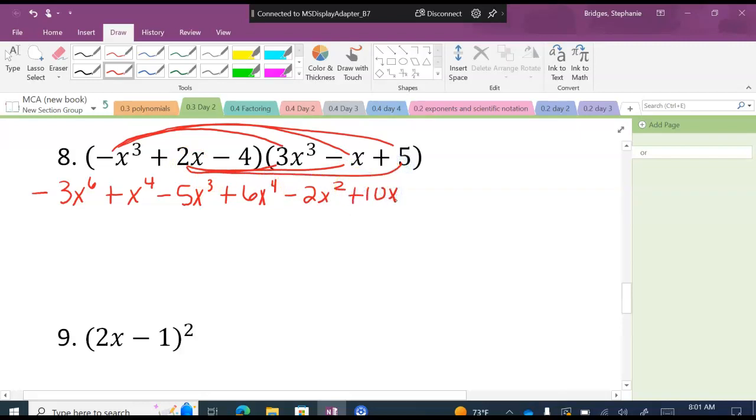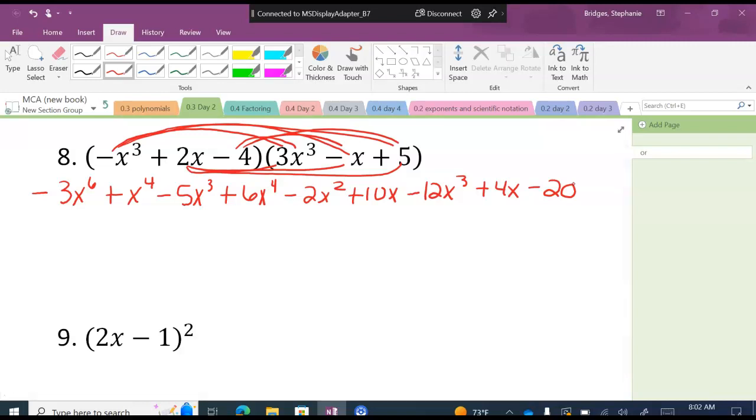And then lastly, I have to do that negative 4. Again, so now I have 9 terms that I have to keep straight. I have to add together, combine, and write in standard form.